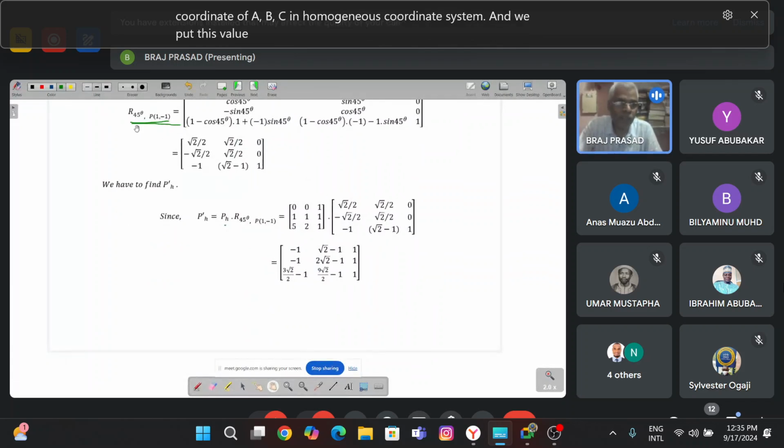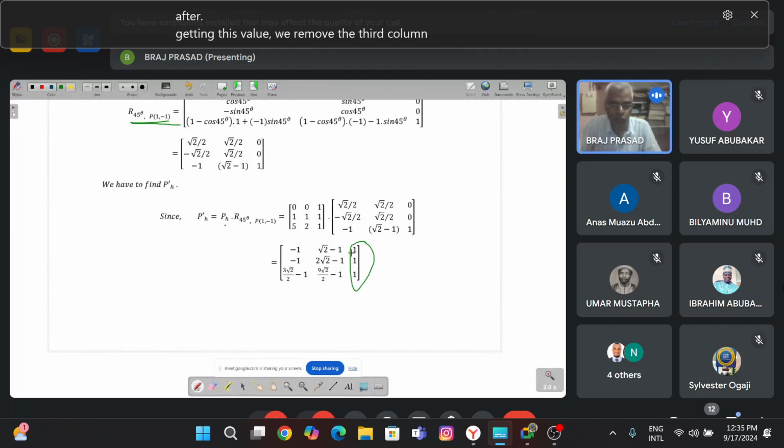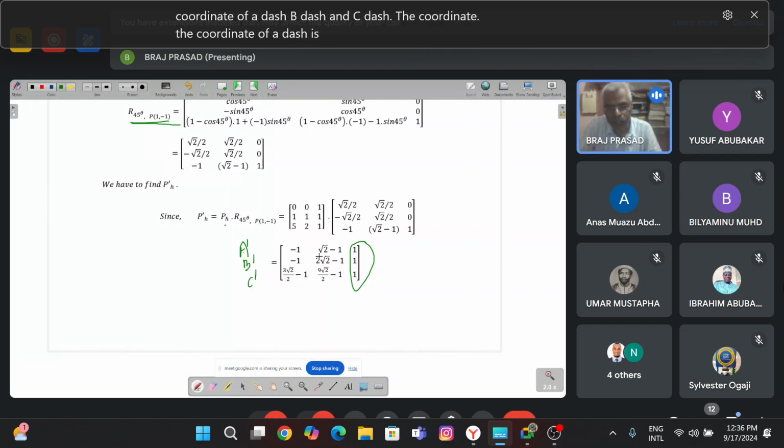Then we put the value of this 45 degrees with this one, and then we multiply it. After multiplying we get this value, and after getting this value we remove the third column. So this is the coordinate of A dash, B dash and C dash. The coordinate of A dash is (-1, root 2 minus 1), B dash is (-1, 2 root 2 minus 1), and C dash is (3 root 2 minus 1, 9 root 2 minus 1).